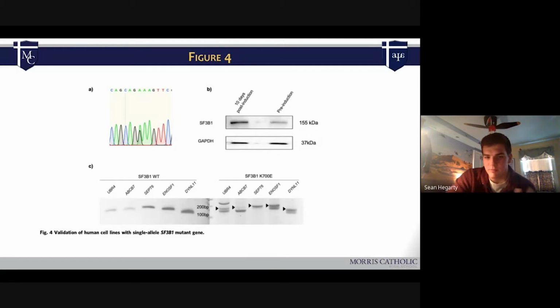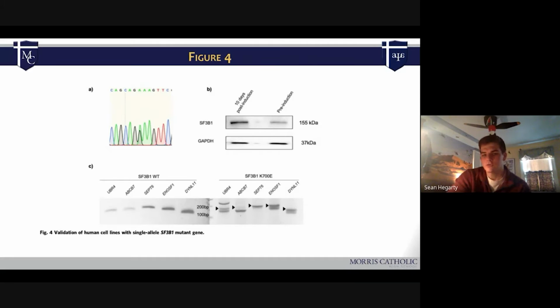And they screwed up this figure again because they put the post-induction, which is after they've placed the system in the cells, before the pre-induction, and it makes it really confusing if you go through it fast. So if you look at it, first off, the control is GAPDH, which is a protein found in basically all cells.